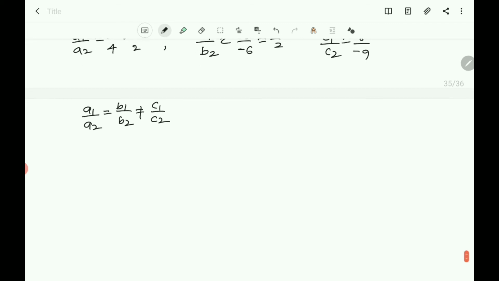In this case the given lines are parallel, so the given pair of linear equations has no solution and therefore it is inconsistent. So you write, hence the given lines are parallel.